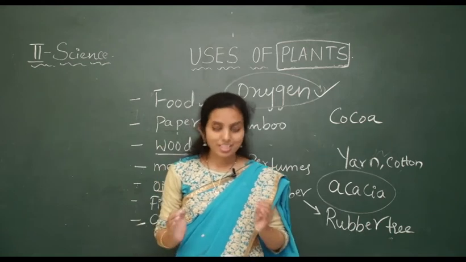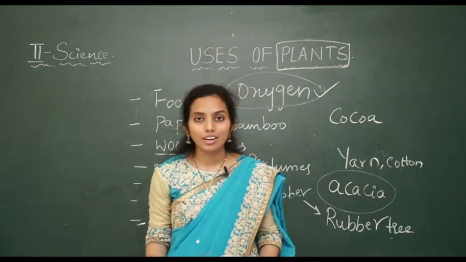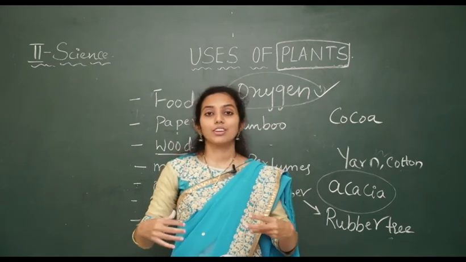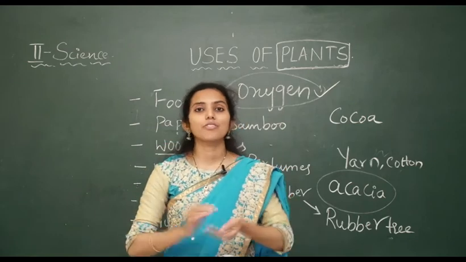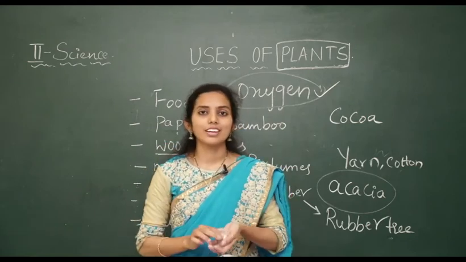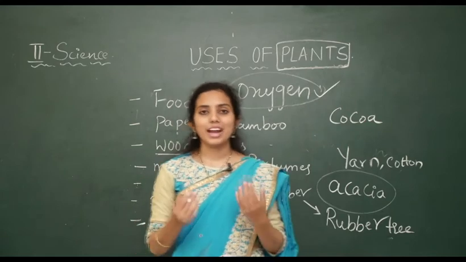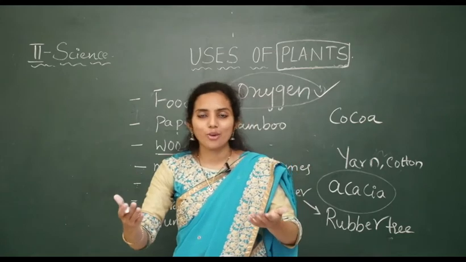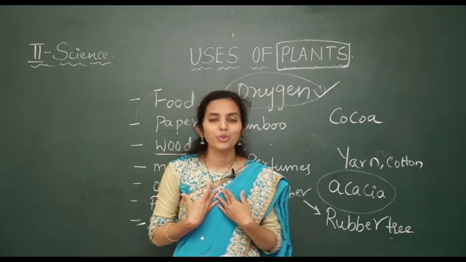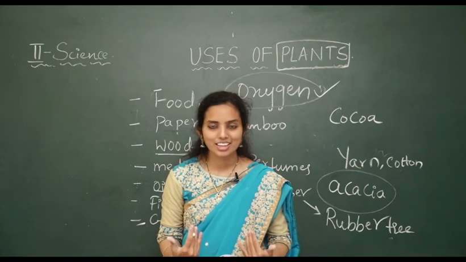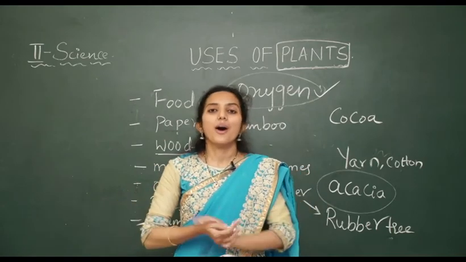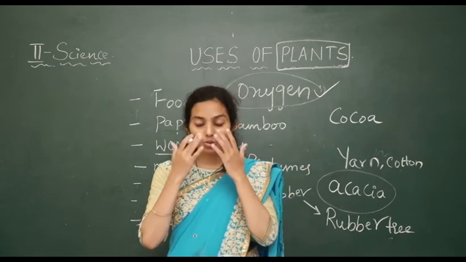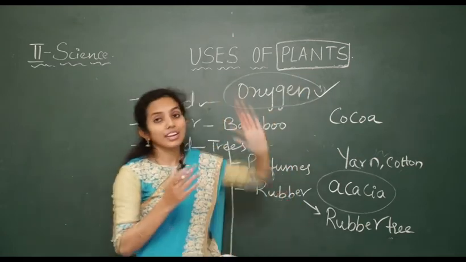Plants are such useful things on the earth, and such sacrificing things. They sacrifice everything out of them for the benefit of human beings, for the sake of others. What do plants do? Plants take carbon dioxide inside and they release oxygen outside. And what do human beings do? Human beings take oxygen inside and release carbon dioxide outside. So to breathe in, we need oxygen. To have oxygen, we need to have enough plants.